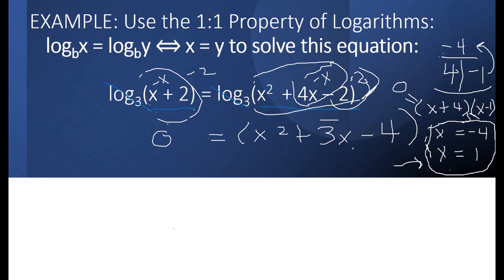Now, when we substitute that back in, I don't want to make this hard for you because logarithms is a new notation. But think about it this way. We're going to throw out any negative numbers because we cannot take the logarithm of a negative number. So our only solution that's not going to be imaginary is x equals 1.